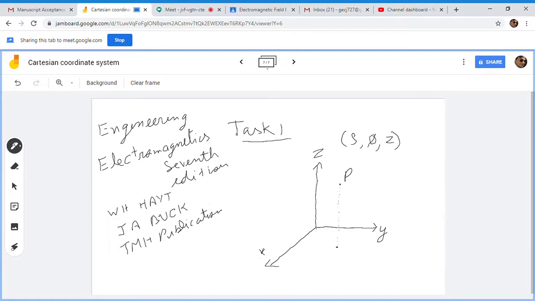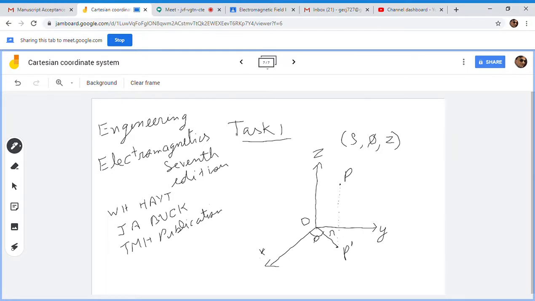So this is P dash, the reflection of point P onto your xy plane. Now we join your origin to your P dash, and this is rho, the radius. Now this is phi.